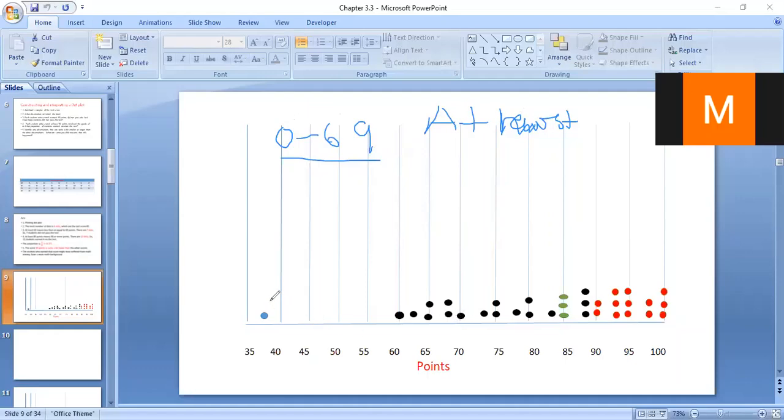You will count how many people did not pass the test. You look on the table from 0 to 69. You can count 1, 2, 3, 4, 5, 6, 7. Right? We have 7 students who did not pass the test.